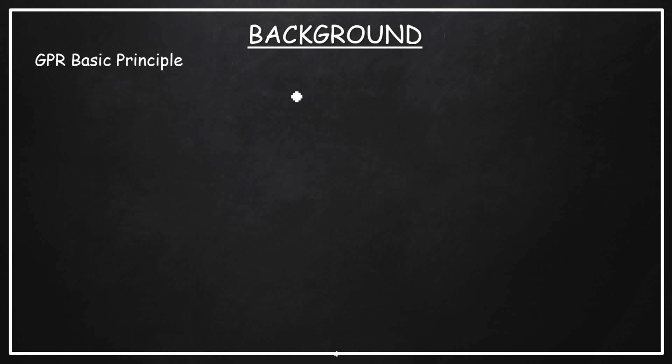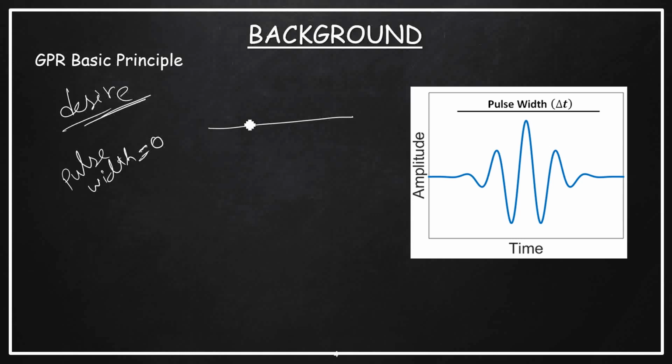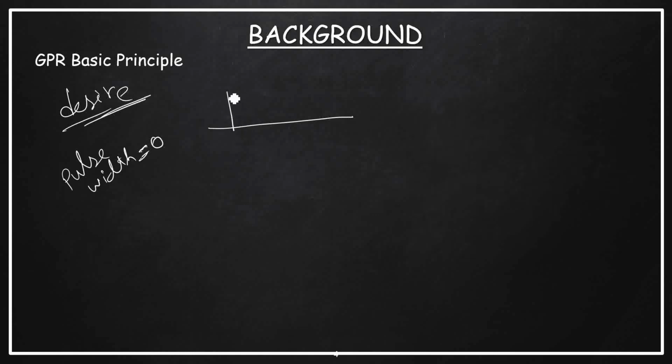But before discussing the practical part, what we desire in the case of impulse GPR is to send a signal which has a pulse width equal to 0 or near about 0. That's our objective. This is the time you are sending the pulse and it shows the amplitude, then again it's off, then on, then off, then on.